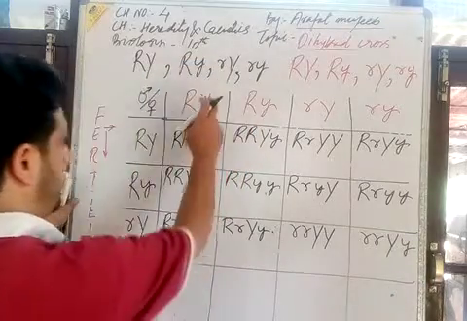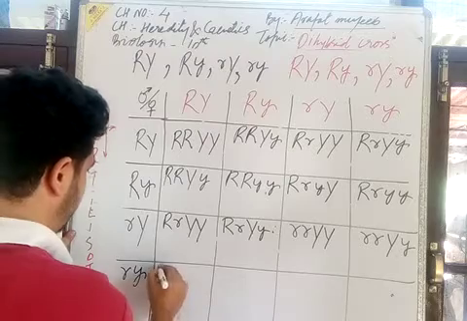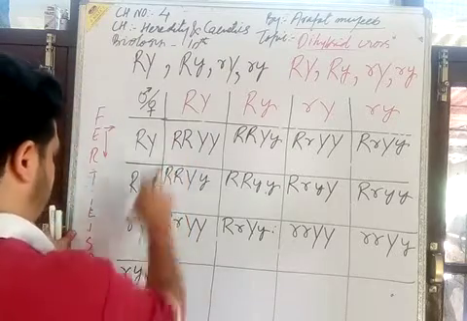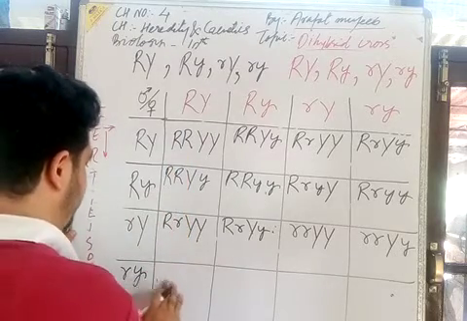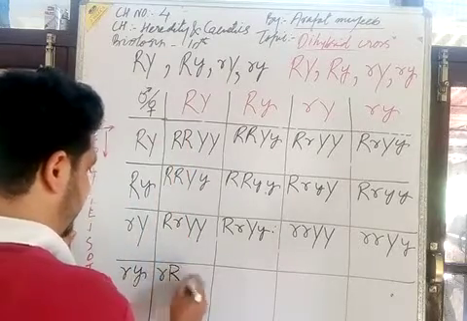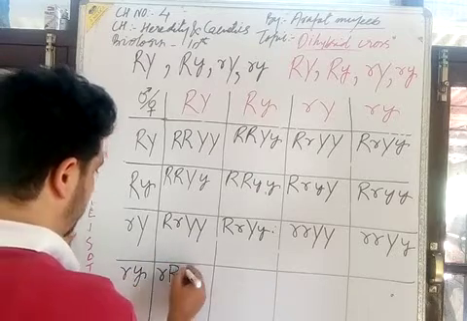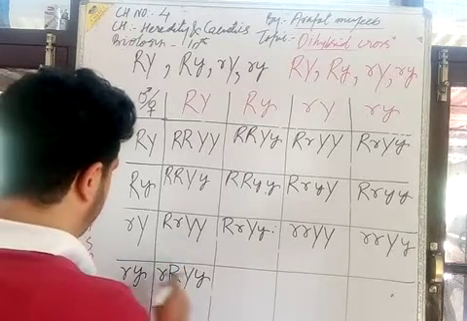Here again this and this, having a cross between the two gametes, capital R, small r. ऐसे भी लिख सकते हो. Small r पहले, capital R. Obviously, it is the same one. एक ही बात है यहाँ पे.